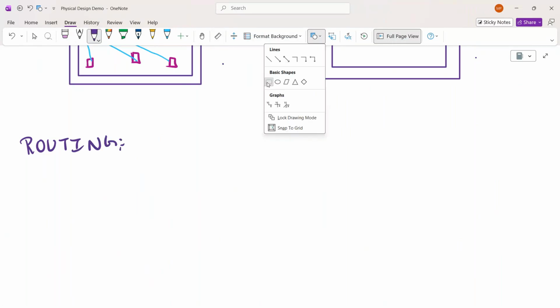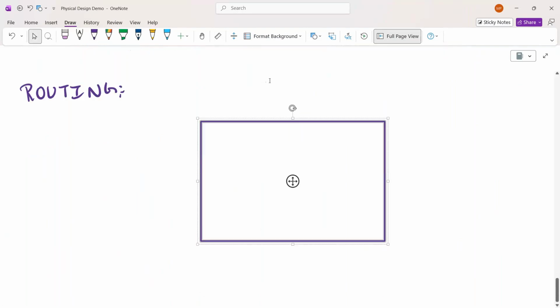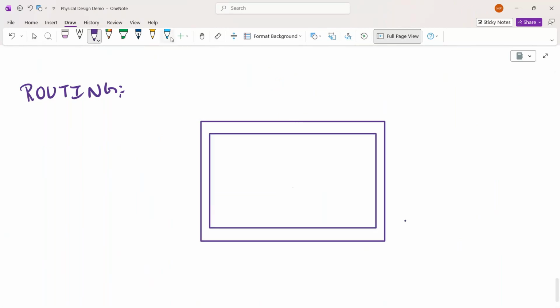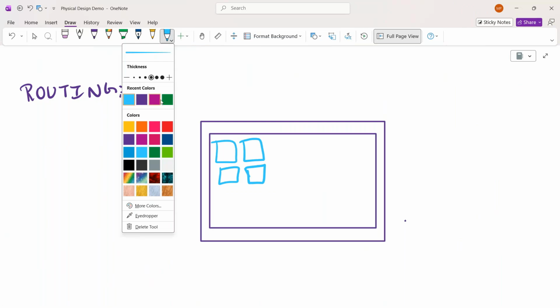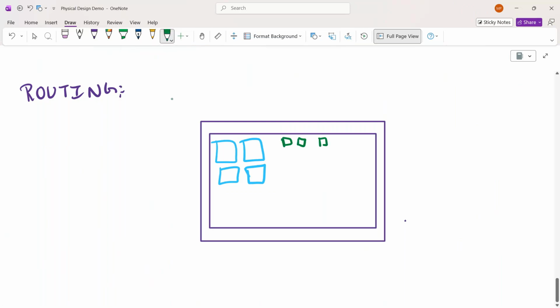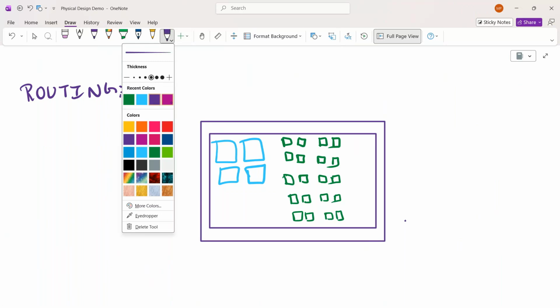In routing, for example, I create this die. Bigger blocks like this are macros. Smaller blocks like this are standard cells. Like this, the connection is happening.